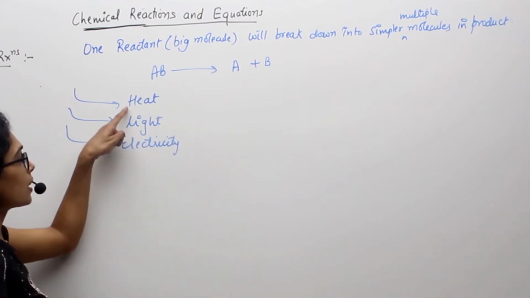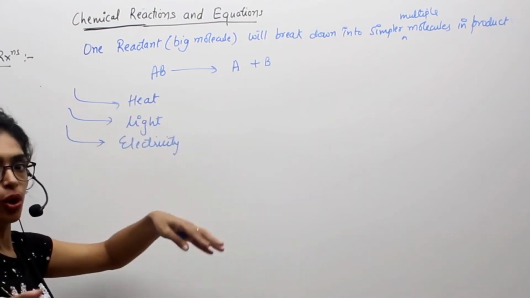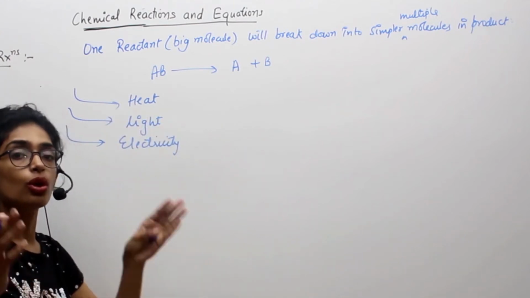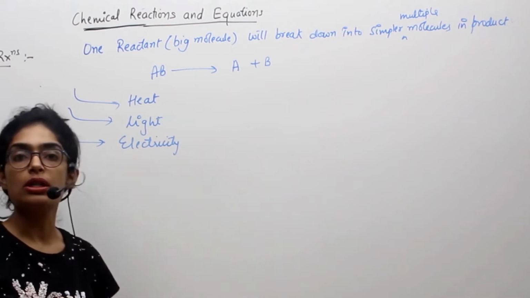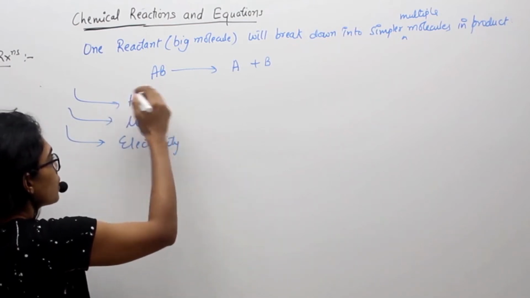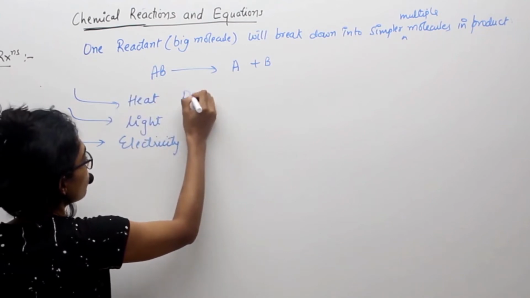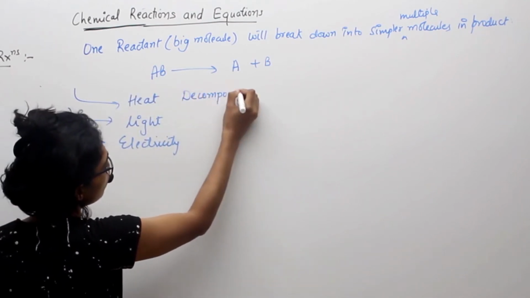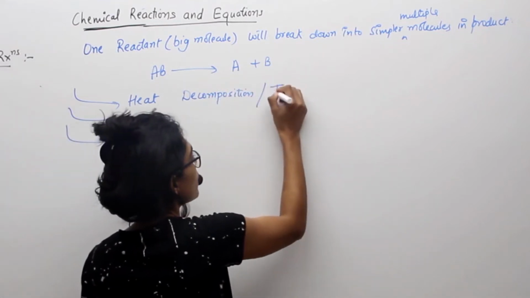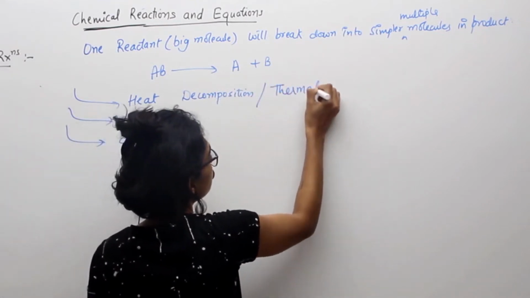So heat can cause the breakage of the big molecule, or light can cause the breakage of a big molecule, or electricity can cause the breakage of the big molecule. We call the reactions which come under these categories heat decomposition, or decomposition by heat, or also thermal decomposition.